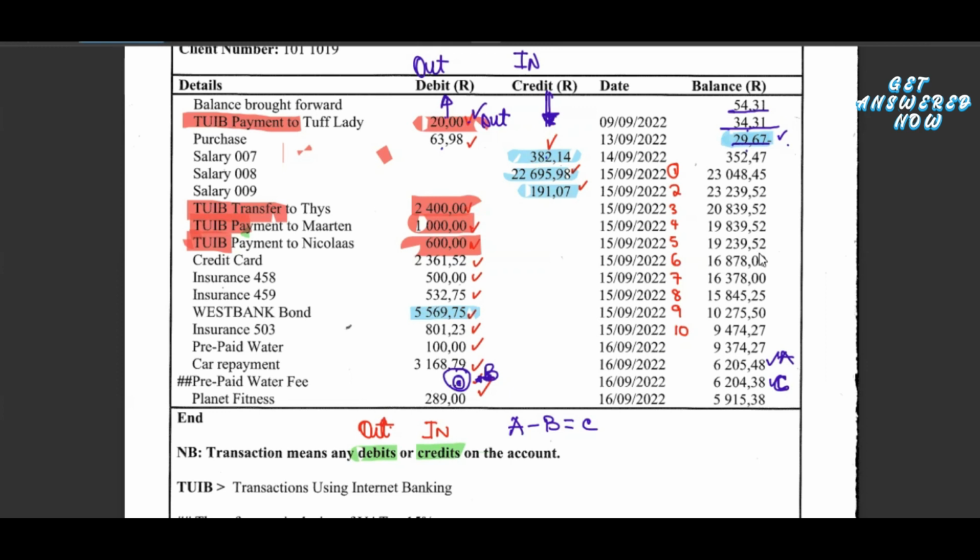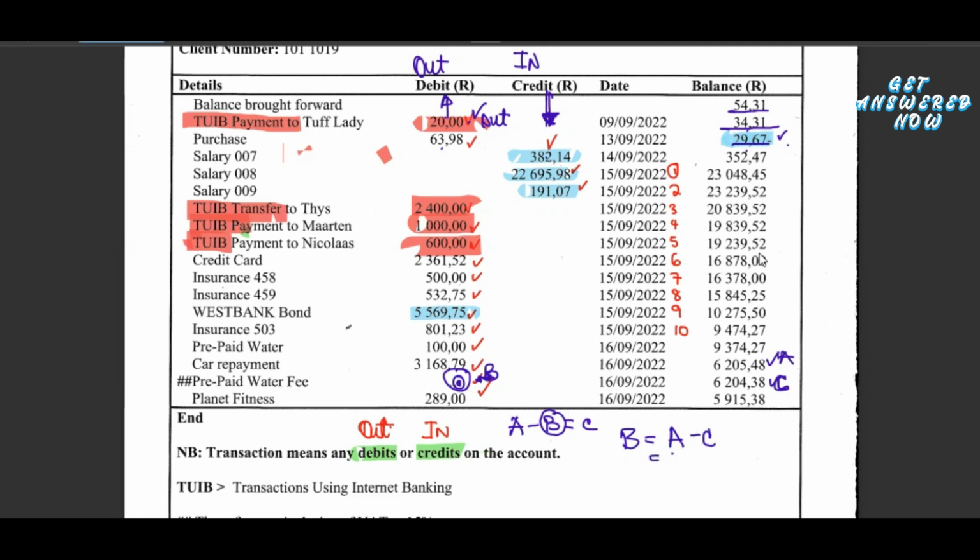Because the B is on the side of the debit. It's going out. A is the balance, the money from which they subtract the B to give us the balance, which is C. Because we're looking for the value of B, B will equal A minus C.